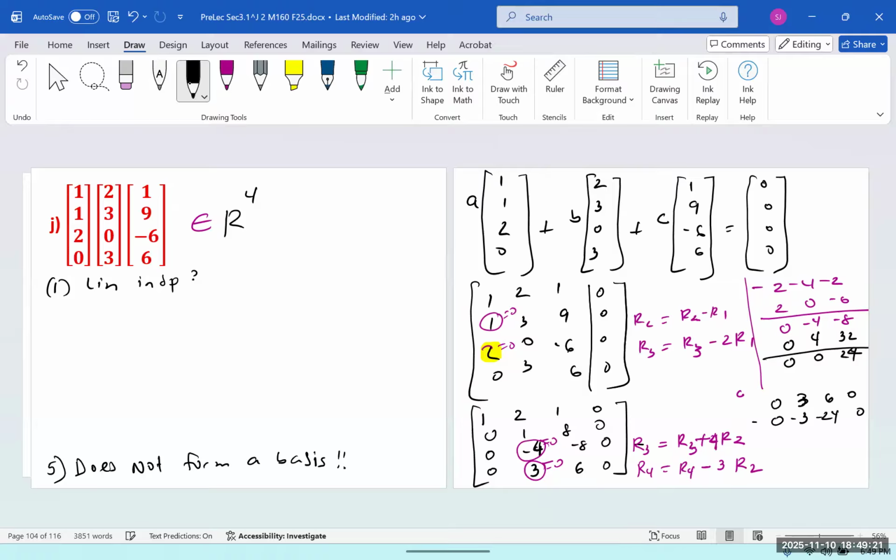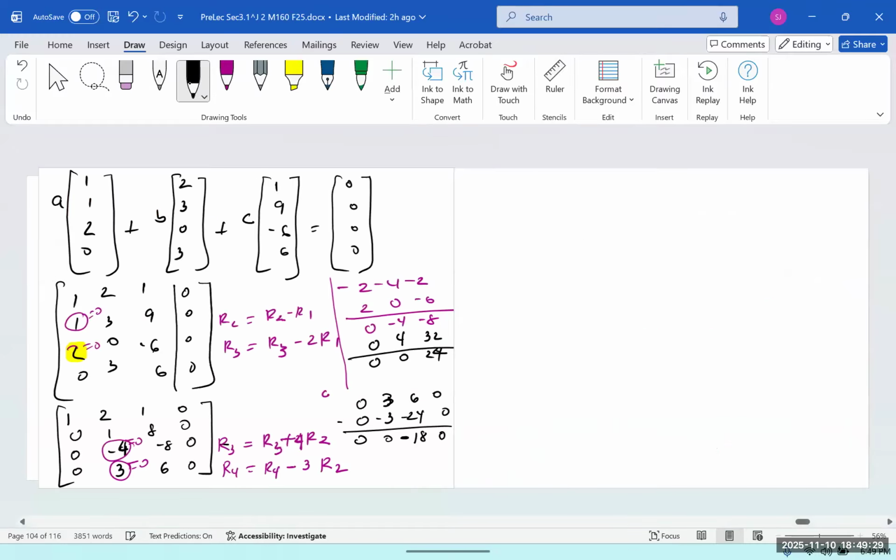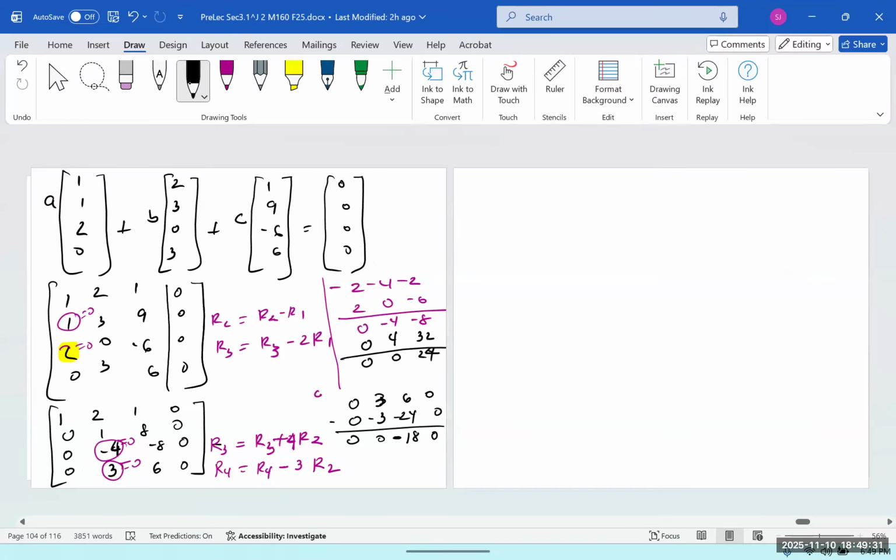And when you subtract 3, I get 0, 0, -18, 0. So we have 1, 2, 1, 0, 0, 1, 8, 0, and 0, 0, 2, 24, 0, and this is 0, 0, -18, 0.